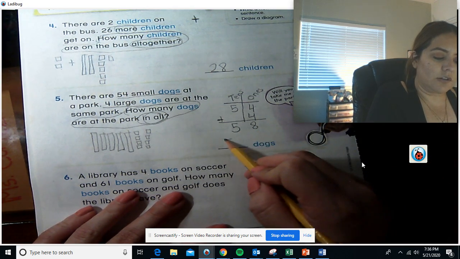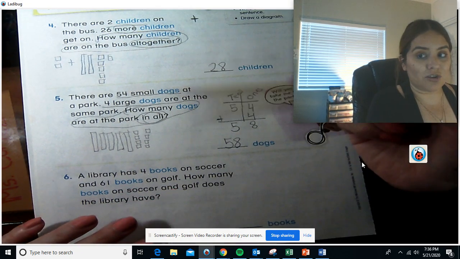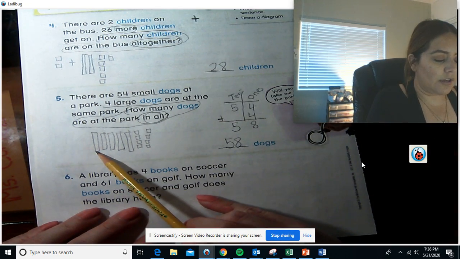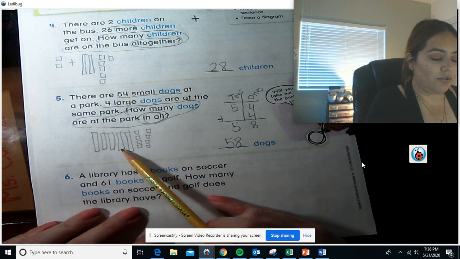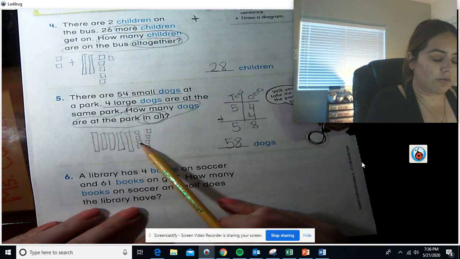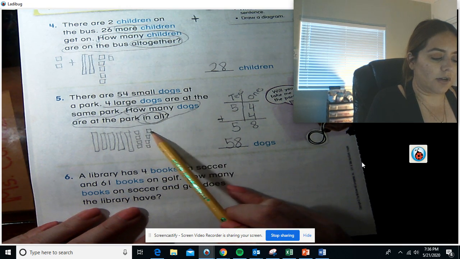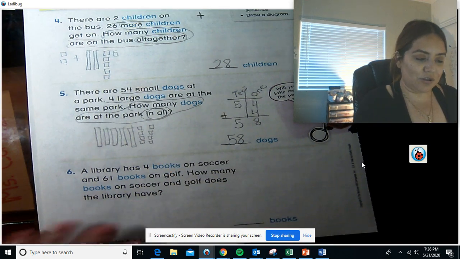So our answer is going to be 58, but I'm going to check it. Since we did a picture, I'm going to check and make sure that that's true. So I'm going to count by tens. 10, 20, 30, 40, 50, 51, 52, 53, 54, 55, 56, 57, 58. I'm right. Good job.